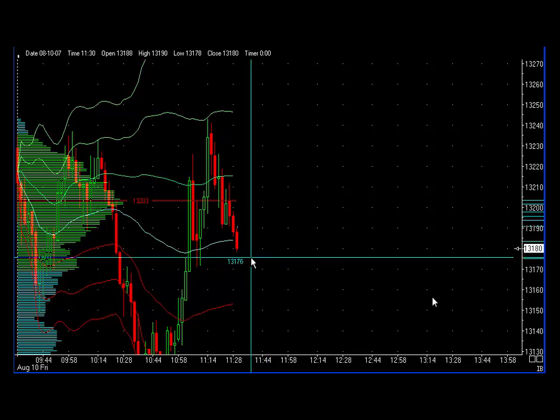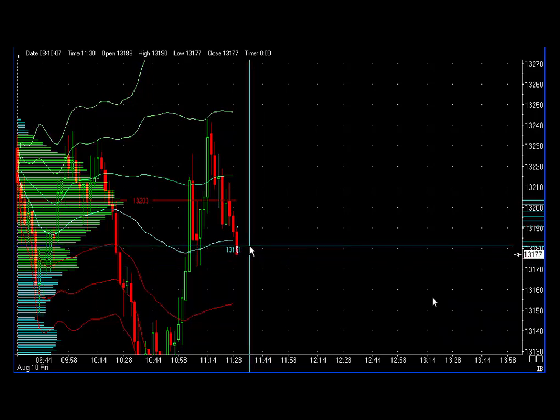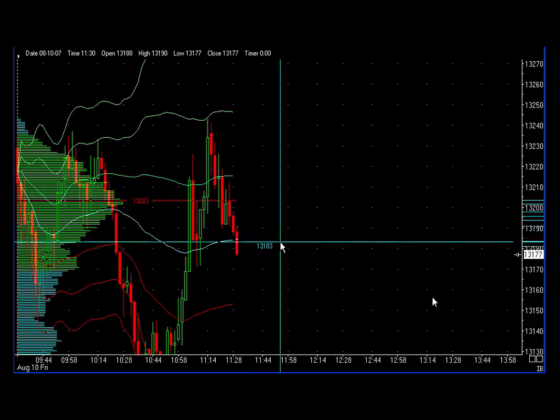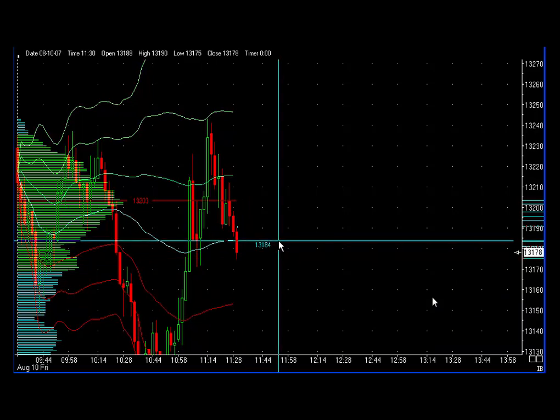Okay, we've broken through the VWAP here at 13,184. We don't take a trade unless we're very aggressive. If we were very aggressive, we'd be in at 13,183 and not wait for a retrace.